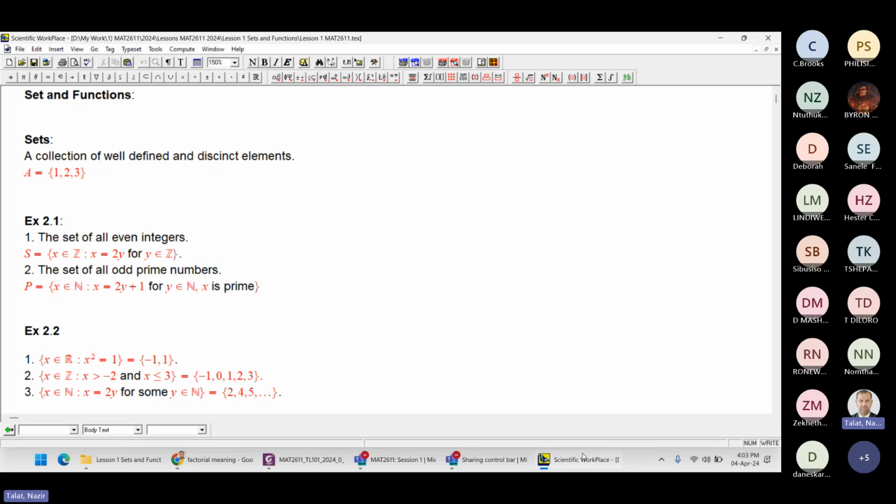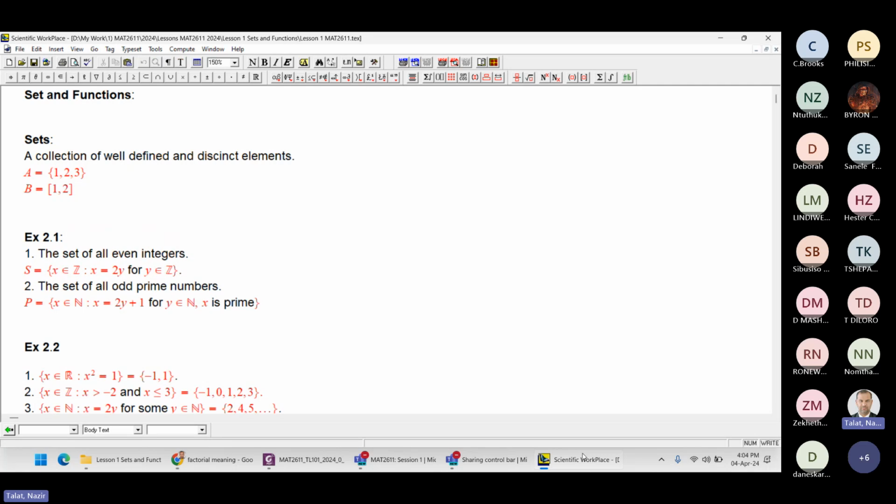Similarly, a set of names or a set of cities is a set of distinct elements. Sometimes we can say there is a set B, which is an interval from 1 to 2. It contains a continuous set of elements from 1 to 2, where 1 and 2 are also elements of that set.